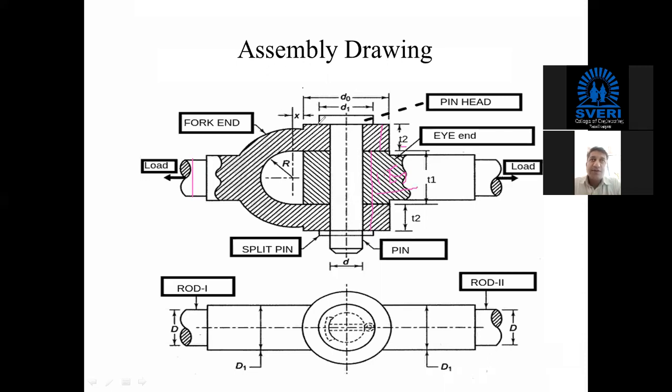Because this T2 which you are going to consider is 2 in number, as a part of the fork, whereas this single I side is only one part, so 1 time you are going to consider it. That's why it is considered more than the rod diameter, and T2 as less than that rod diameter.